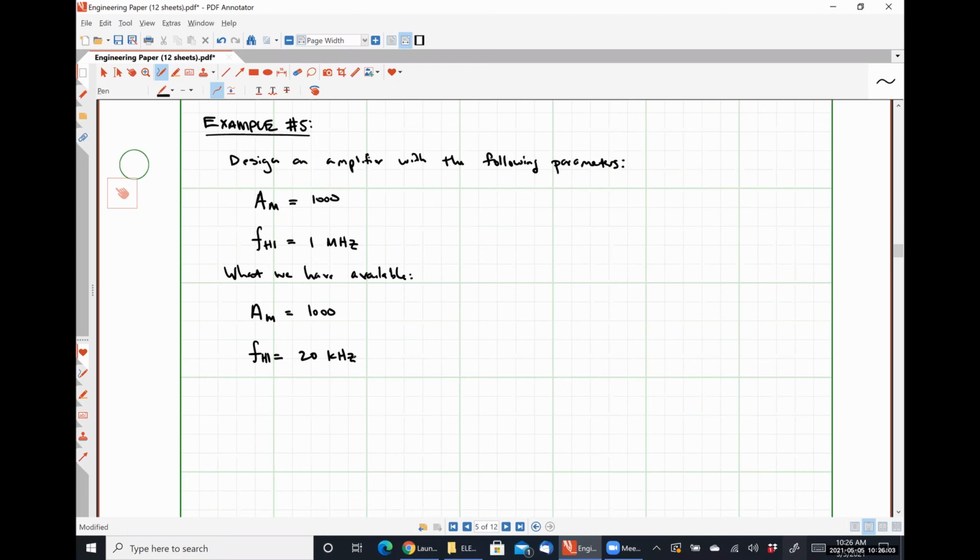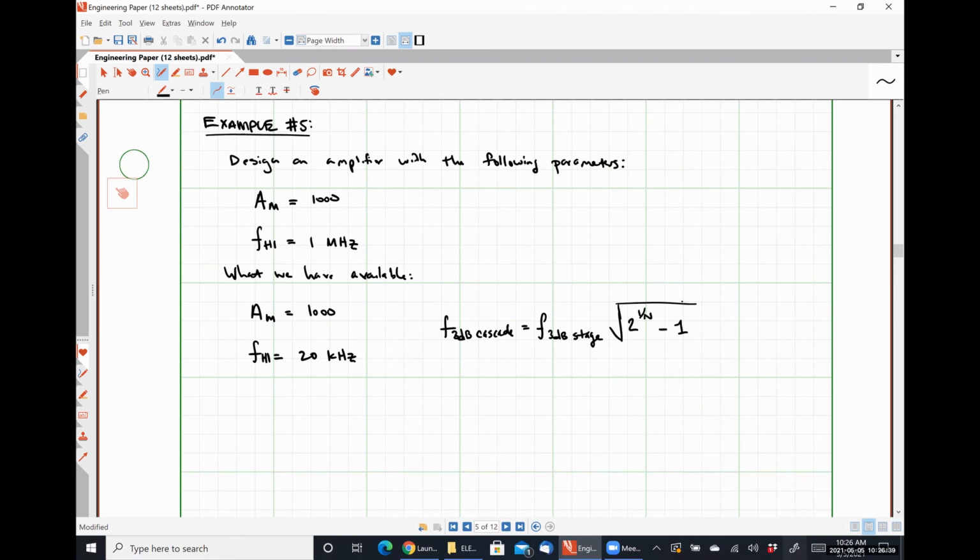And also, we are told that the 3 dB cascade frequency is equal to the 3 dB stage frequency times a factor of the square root of 2 to the 1 over nth power minus 1, where n is the number of stages.